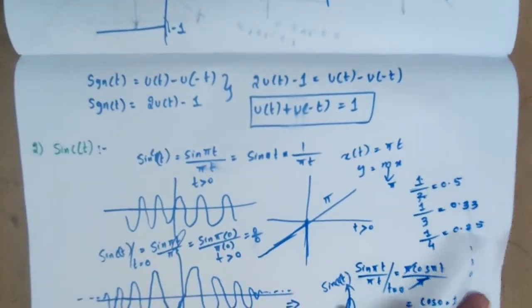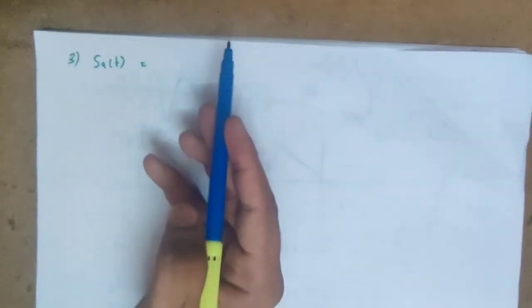Now we have one more function known as the sampling function. It is very much similar to the sinc function. Sampling of t. So what is sampling of t? You have to remember, both sinc and sampling functions are very important in communication systems.